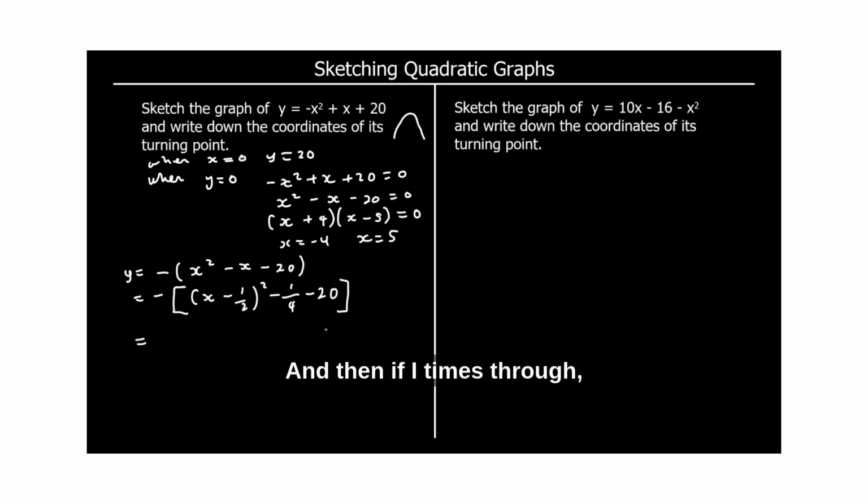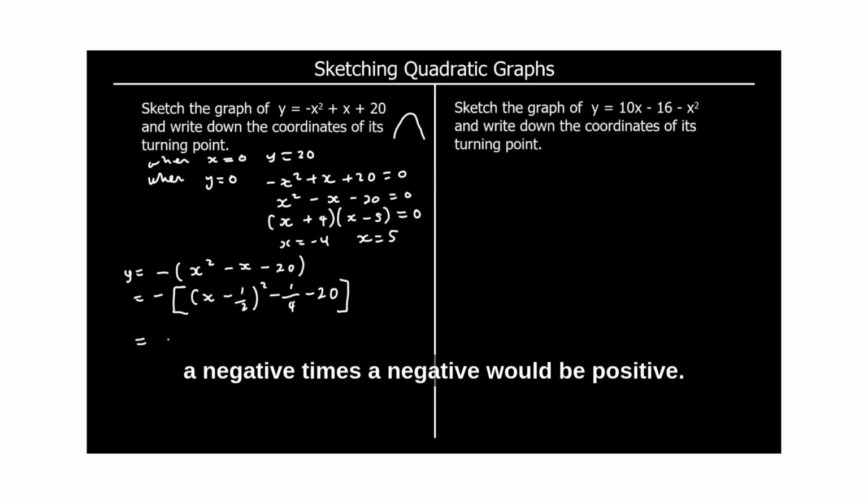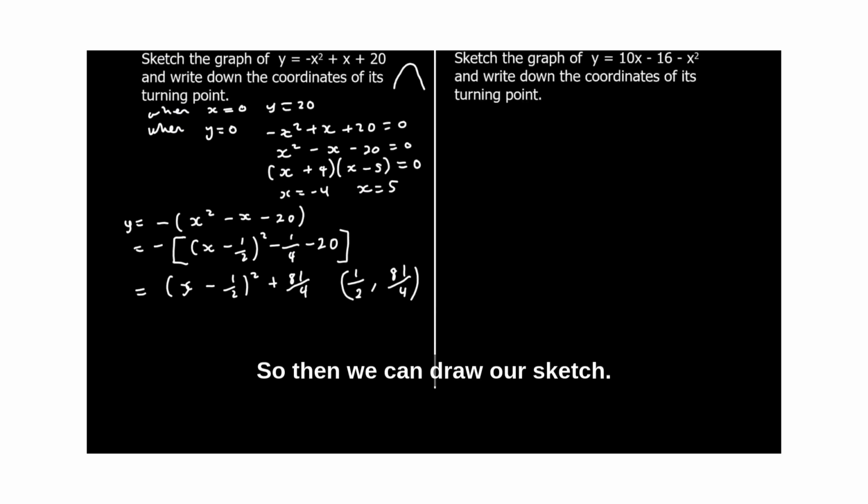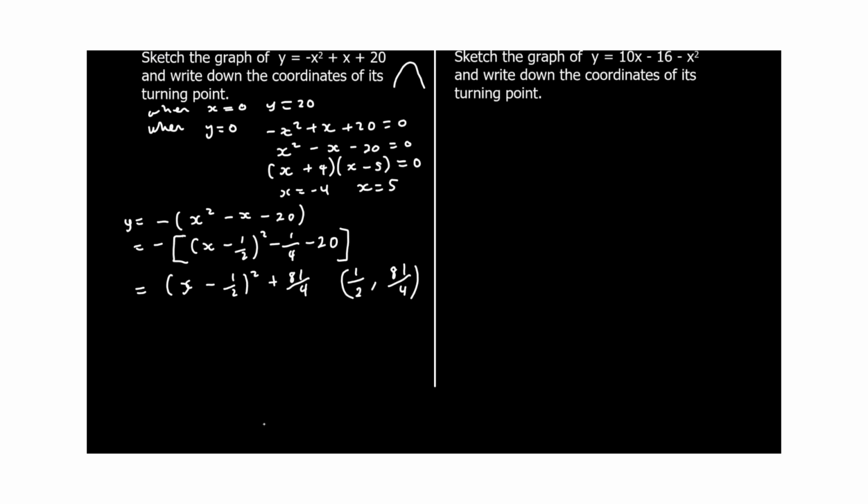And then if I times through, a negative times a negative would be positive. Just trying to save space by doing 2 steps in one. So it would be plus 81 quarters. So the minimum point, or the maximum point I should say, is at 1/2, 81 over 4. So then we can draw our sketch.